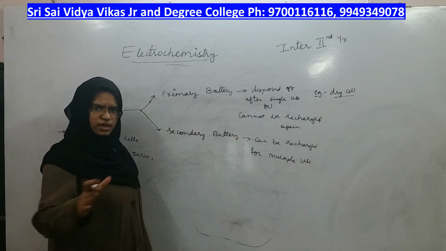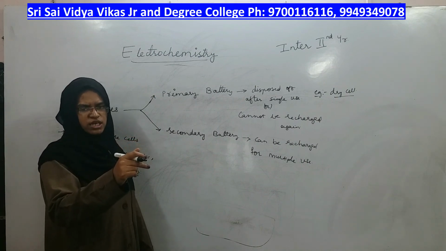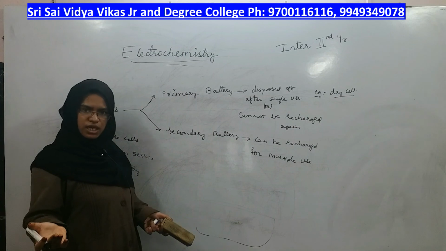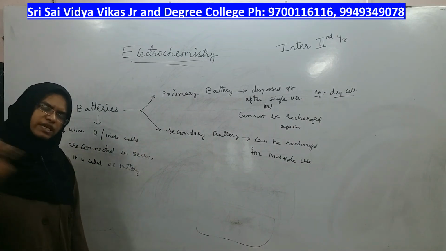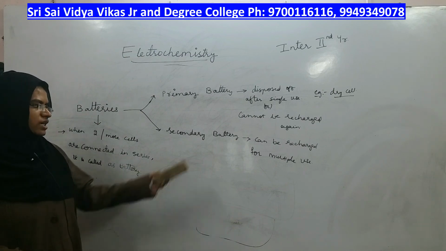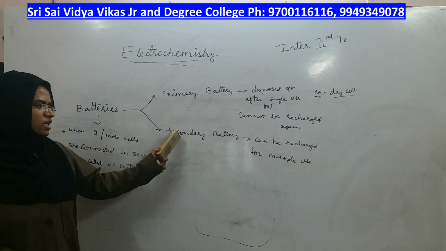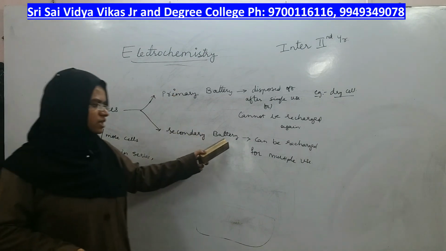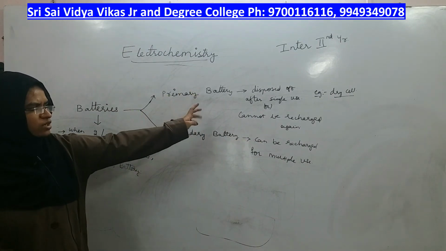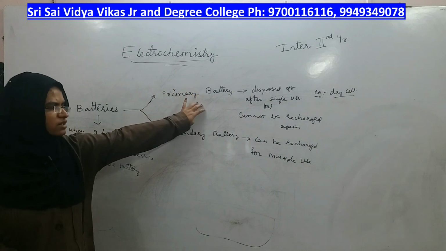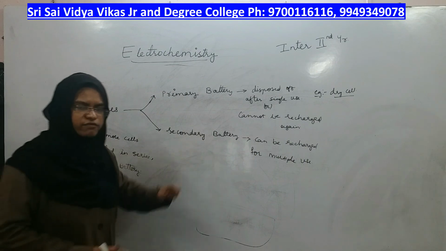Once all the energy of the battery is over, if you give electrical energy from outside, the cell becomes ready to use again. Then it starts working, its energy becomes 0, then you give electrical energy from outside, again it becomes regenerated or recharged, and again it can be used. The lifespan is more for the secondary battery and less for the primary battery.